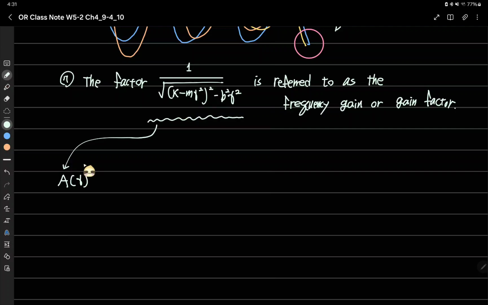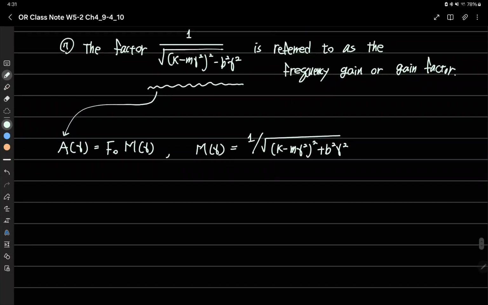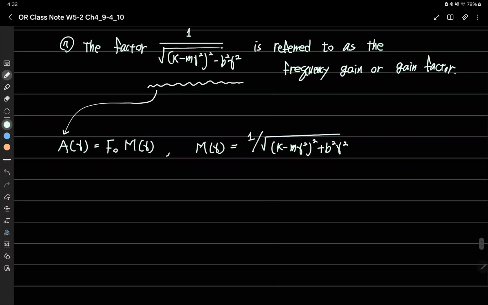So A of gamma is equal to f0 times M of gamma. I just attach the f0, the constant in the external force, and then M of gamma is the function of the gain factor. So 1 over the square root of (k minus m gamma squared) squared plus b squared gamma squared.